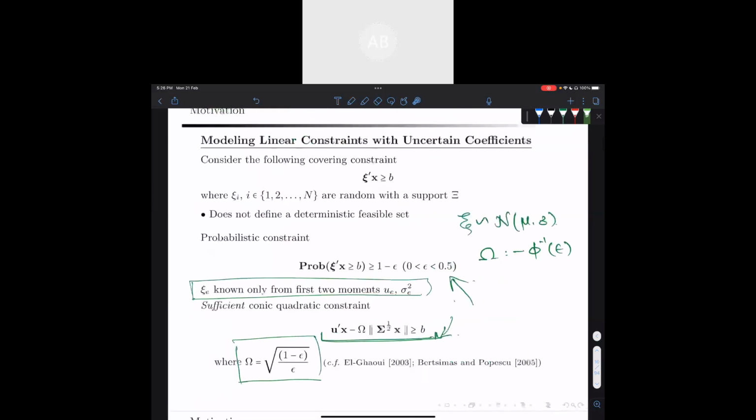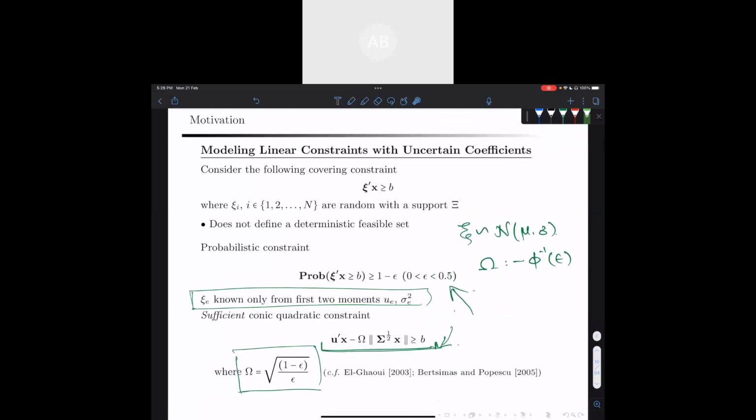But what is interesting is that even if that was not the case, even if you had no idea about what the underlying distribution is, but you could compute the first two moments, even in that case, you have a very good inner approximation of this probabilistic constraint, right? So every x that you get as a feasible solution would satisfy this constraint.